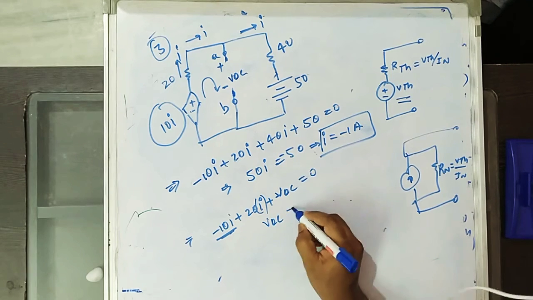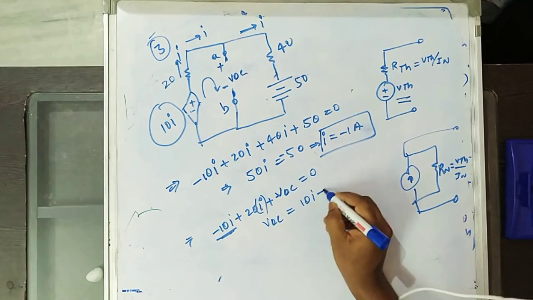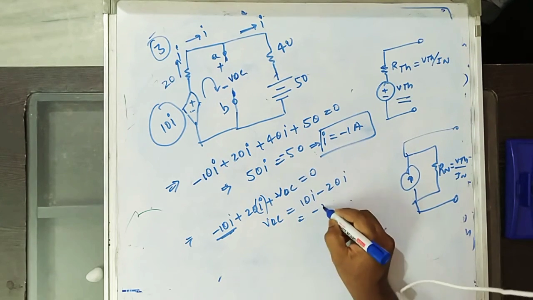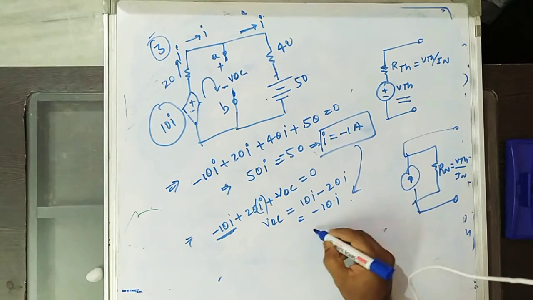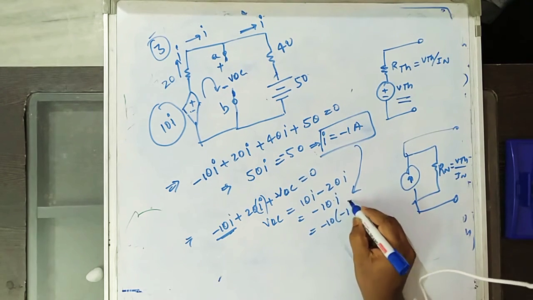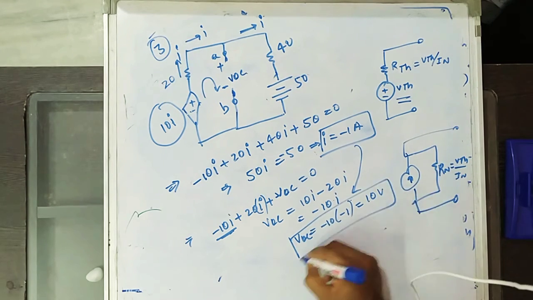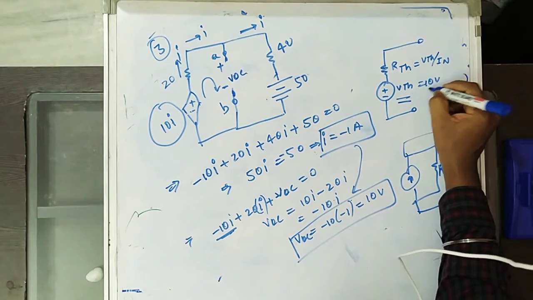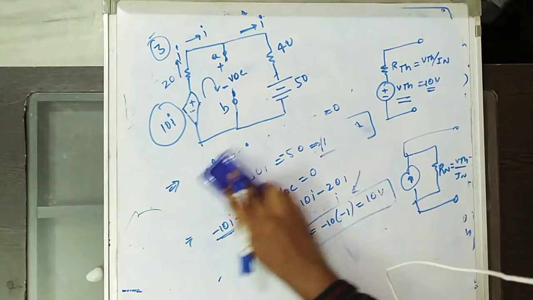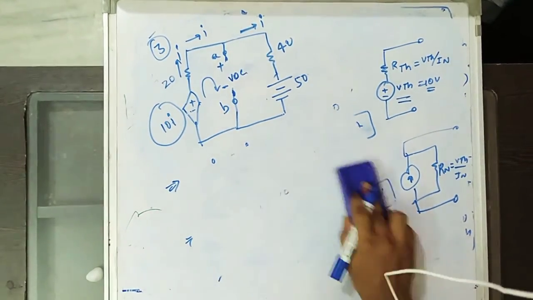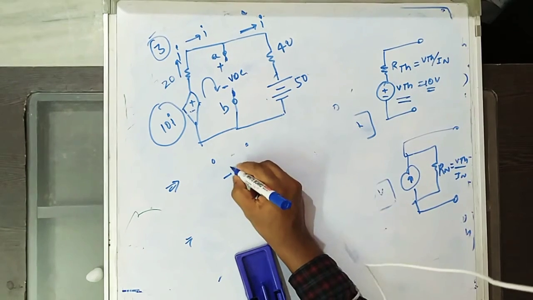So VOC equals 10I minus 20I, that equals minus 10I. Substitute the I value here, minus 10 times minus 1, so we get 10 volts. So V Thevenin is 10 volts.